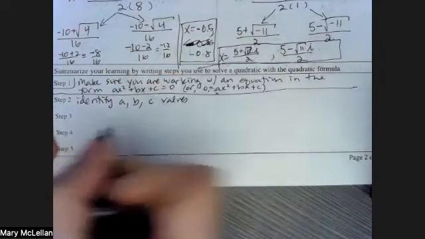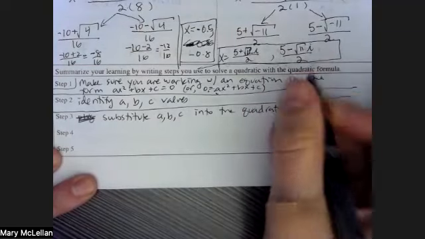Okay, step 2, identify a, b, and c values. Figure out what a equals, b equals, c equals. Step 3, substitute a, b, and c into the quadratic formula.